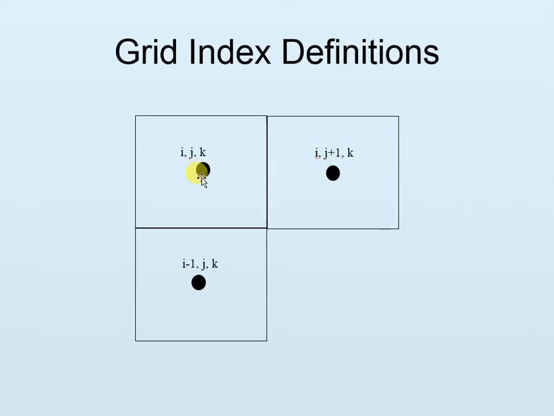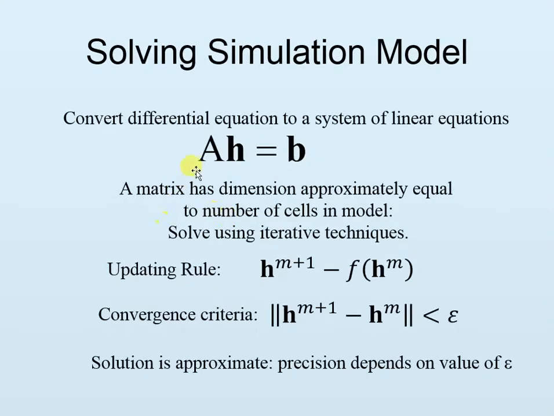So at each cell we would typically identify a node, or cell center in this case, with some indexing notation such as row, column, layer, and we can refer to a particular cell and adjacent cells using that notation.